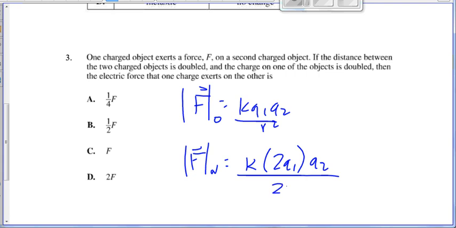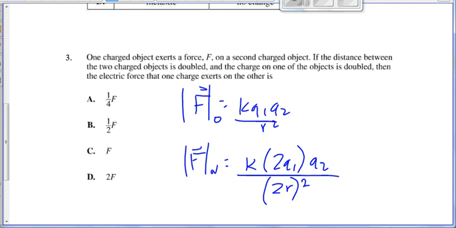What do you got to be careful of here? What's the big thing you got to be careful of here? And the reason they like to do this with Coulomb's law as opposed to some other equations. Put your brackets around the 2R. We're not squaring R. We're squaring the distance that separates the two charges.